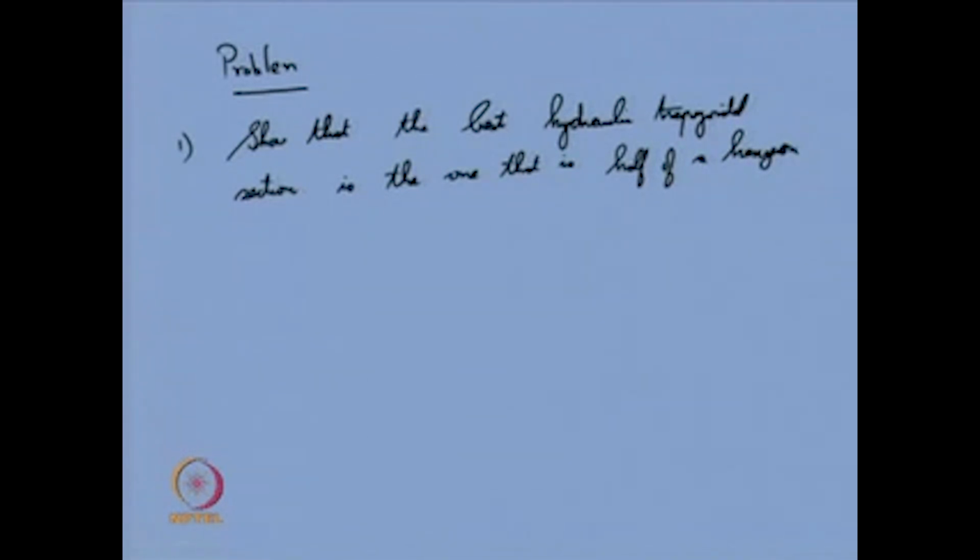You know, a hexagon is a regular shape. So, I want you to prove that the best hydraulic trapezoidal section is half of a hexagon.